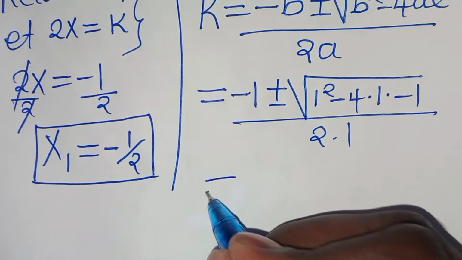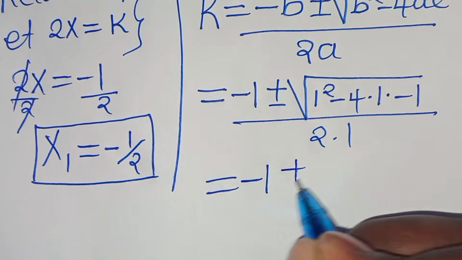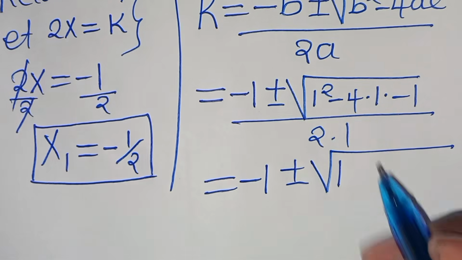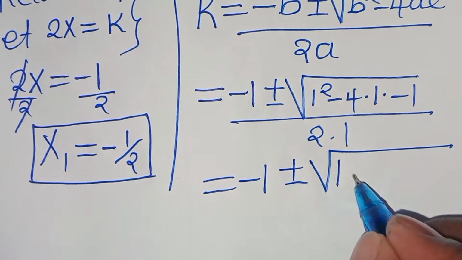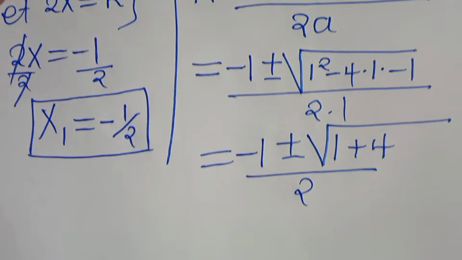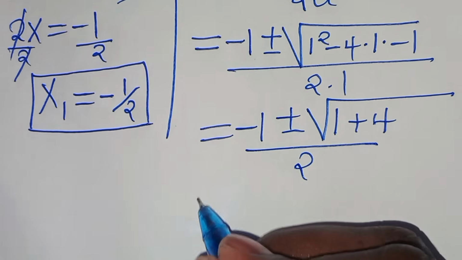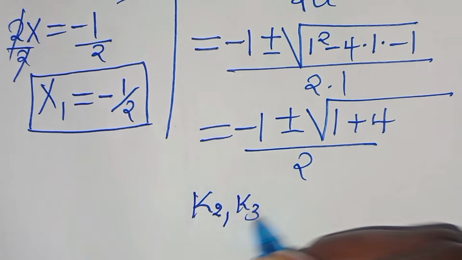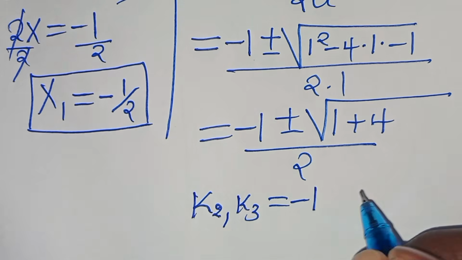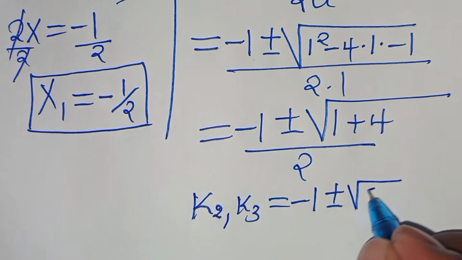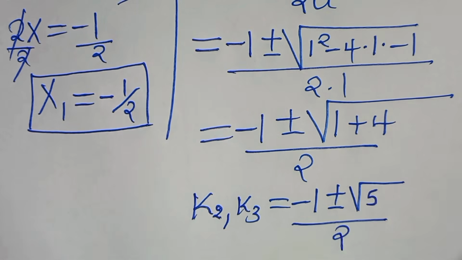So this implies that here we have minus 1 plus or minus the square root of 1 squared, this is 1, minus 4 times minus 1, this is plus 4, then divided by 2. And this implies that k2, k3 is equal to minus 1 plus or minus the square root of 1 plus 4, which is 5, then divided by 2.